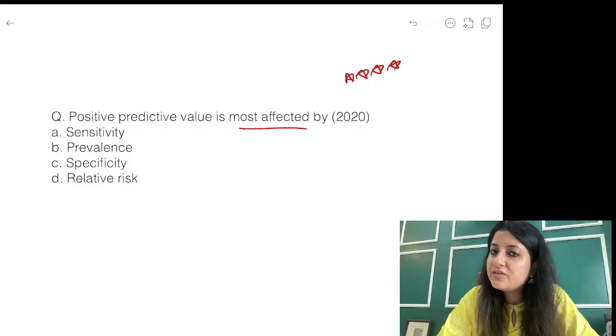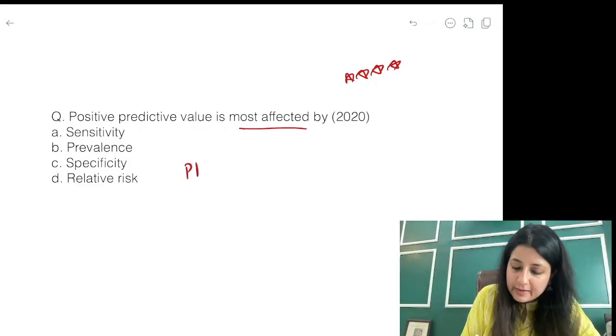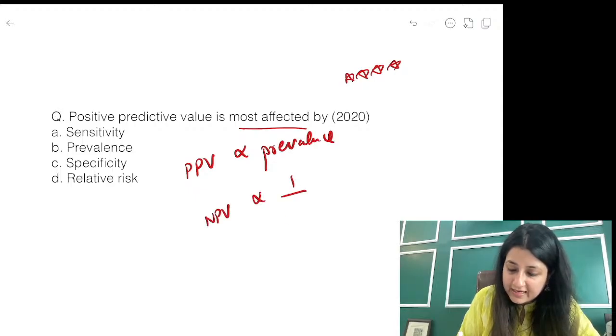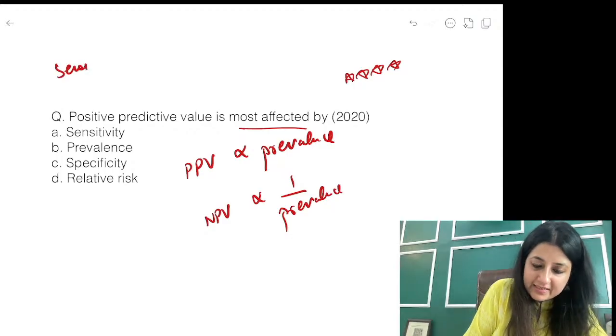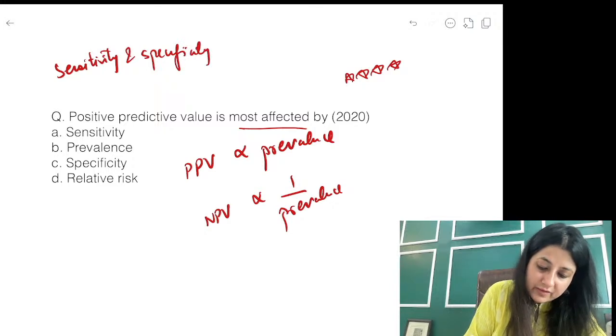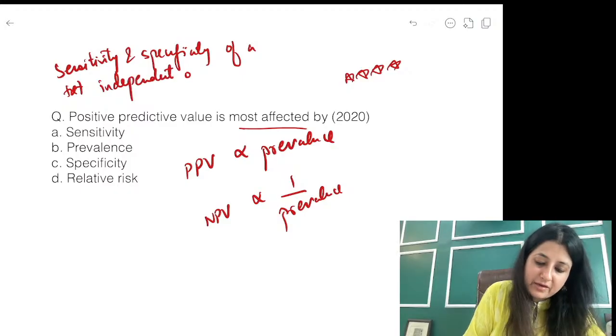Whenever you get a question related to predictive values, the first thing that you should know, PPV, because exam is very near, directly proportional to prevalence. NPV, indirectly proportional to prevalence. Sensitivity and specificity of a test, all right, of a test, independent of prevalence.